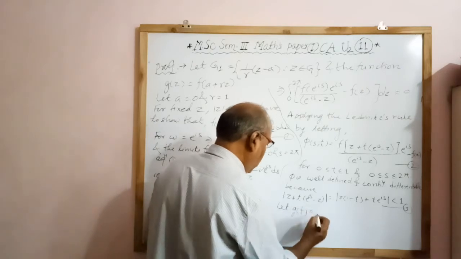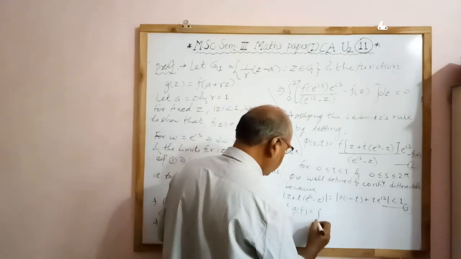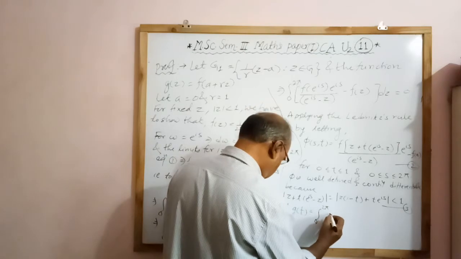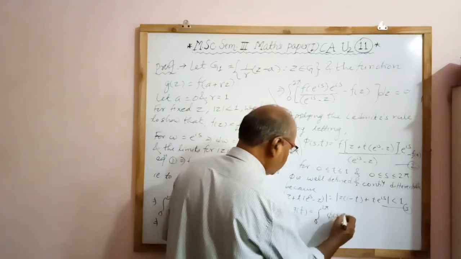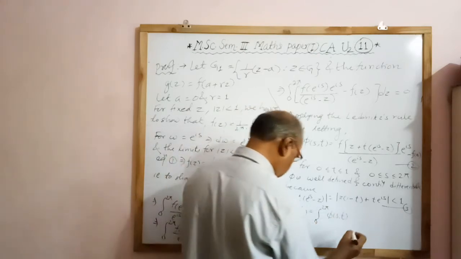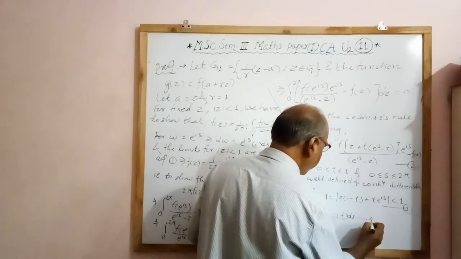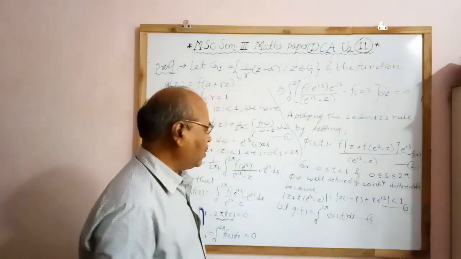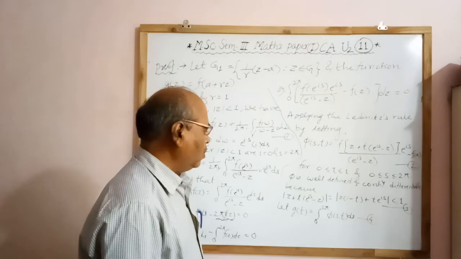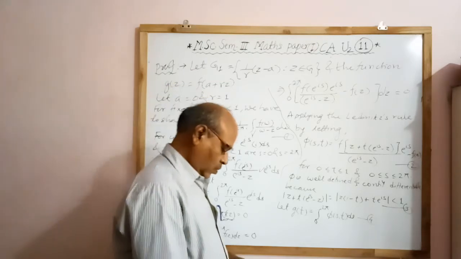Now I consider g of t defined by integration from 0 to pi of phi of st ds, which is equation 4.